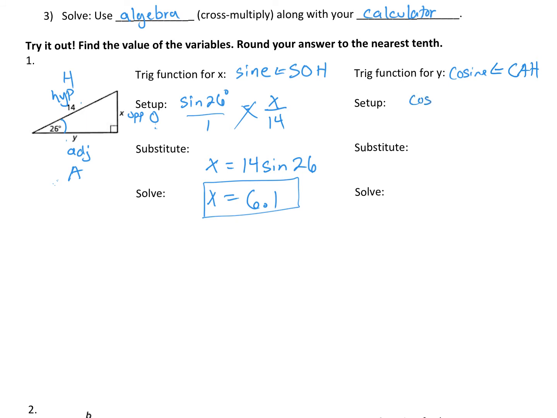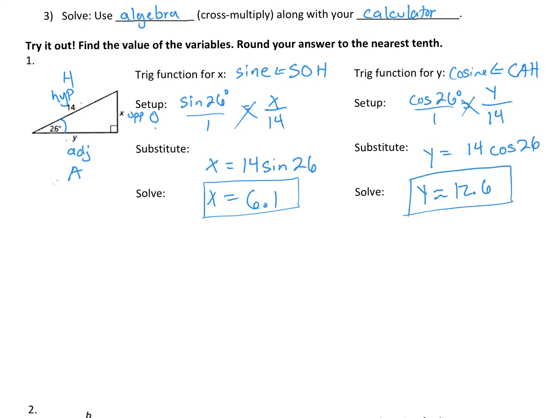Cosine of 26 degrees over 1 must equal my adjacent, which is y, the thing I don't know, over my hypotenuse, which I do know, which is 14. So I can cross multiply. This gives me y equals 14 times the cosine of 26 degrees. Plug that into the calculator. It is about 12.6.